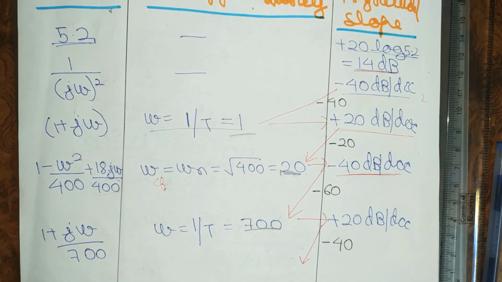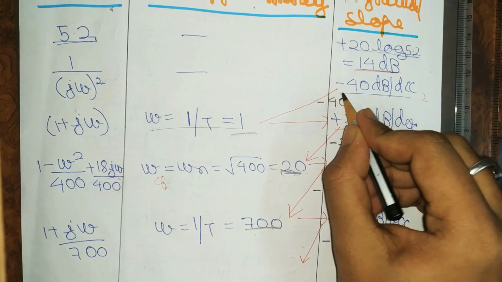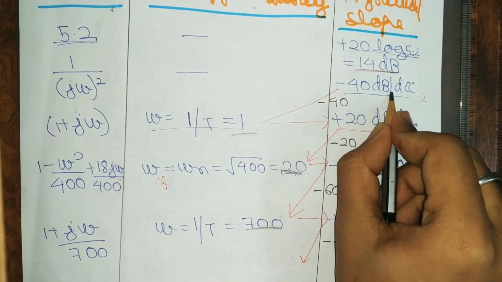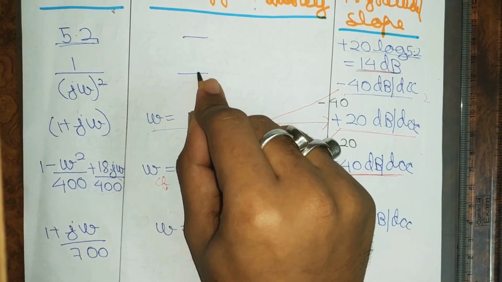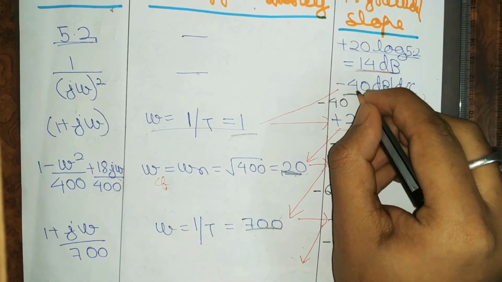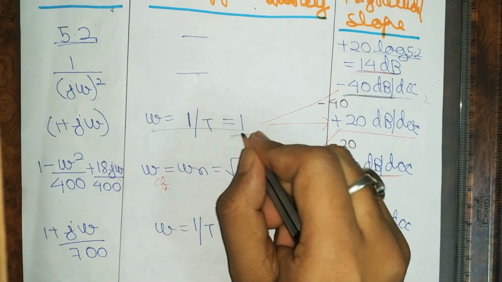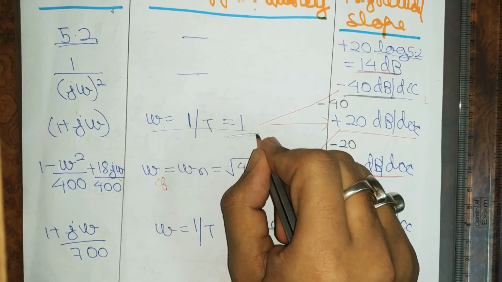Well, now what do you have to do? We have minus 40 dB/decade, and there is no cutoff frequency for this. So you have to move at minus 40 dB/decade till you reach the cutoff frequency 1.